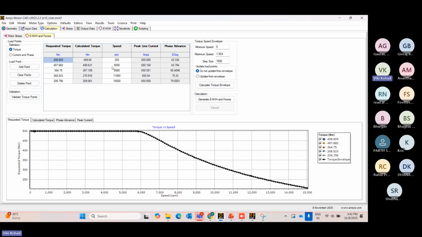Here there are 5 load points. You have to give the requested torque and the speed value, and it calculates the torque, peak line current and the phase advance. If you have the current and phase values, then you can give those values also. On the basis of that, the requested torque and the speed values will be calculated. First I will turn off this torque envelope, and here is one operating point.